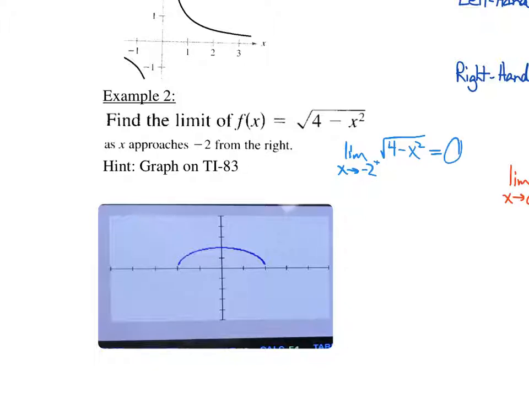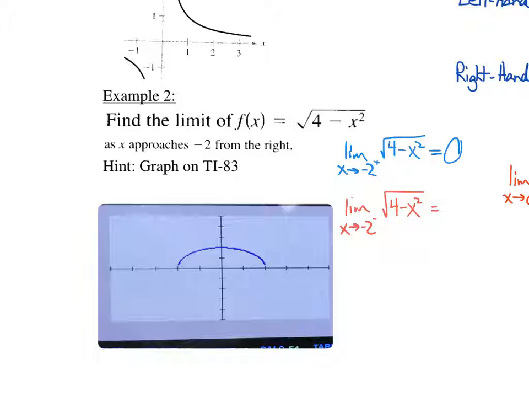Now let's take this example one step further. What would the limit as x approaches negative 2 from the left equal? Does not exist. Well, why not? Can't we just plug in negative 2 and get 0? If we plugged in anything to the left, we'd get a negative under the radical, so it would be imaginary.